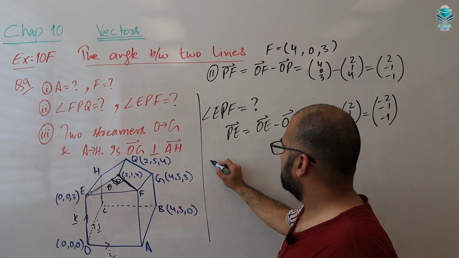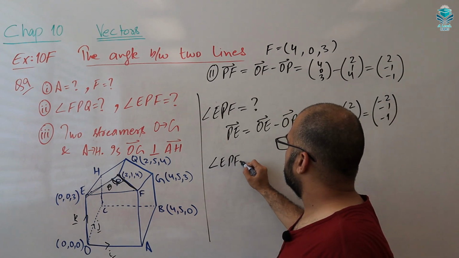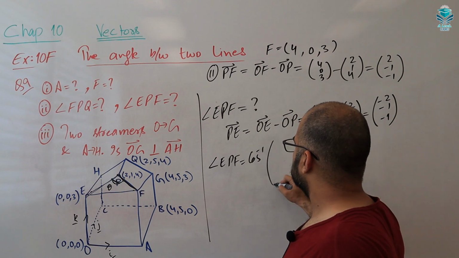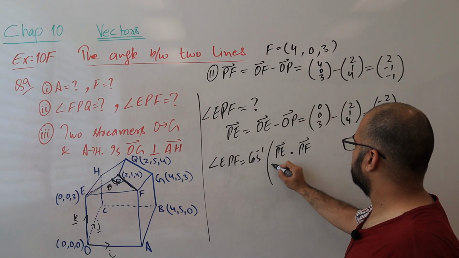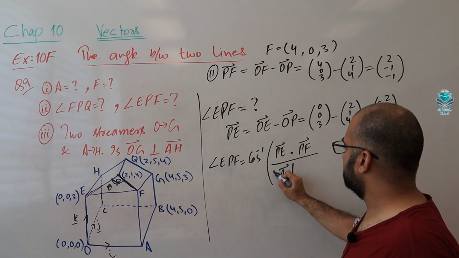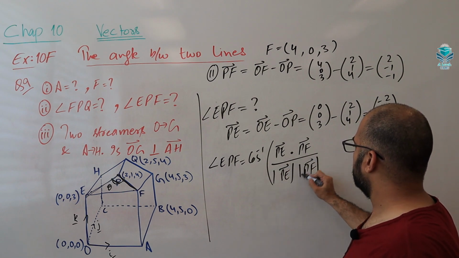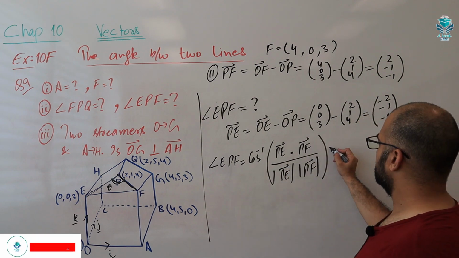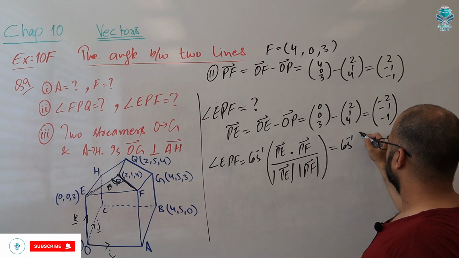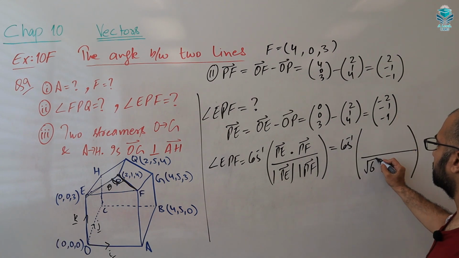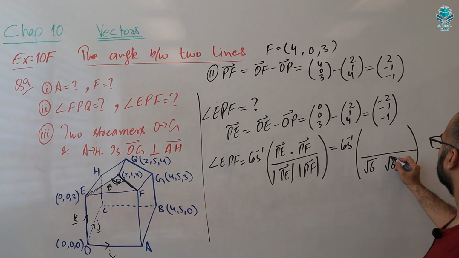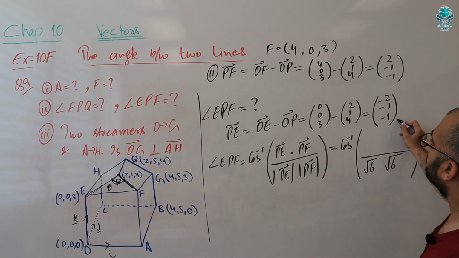so the angle EPF is defined as PE dot product PF over PE magnitude PF magnitude. So you can see from here what is PE magnitude, PF and PE dot PF.